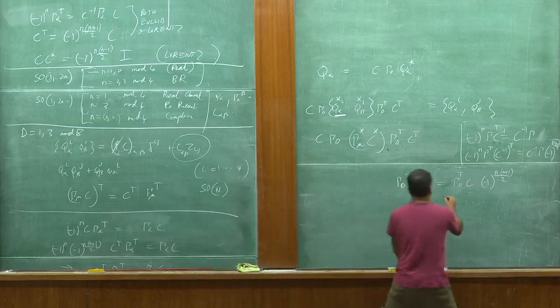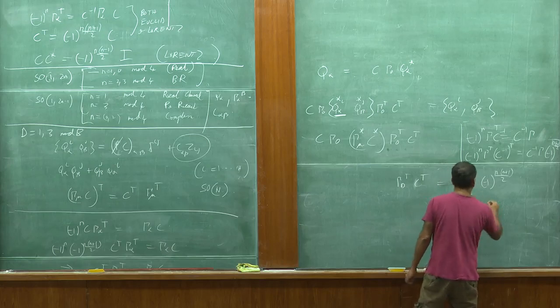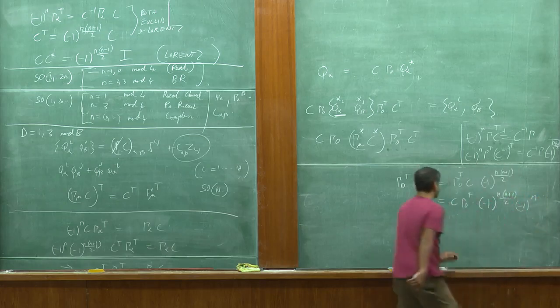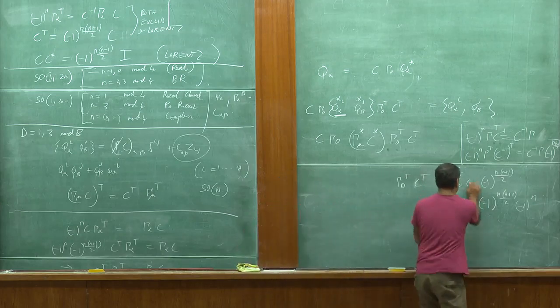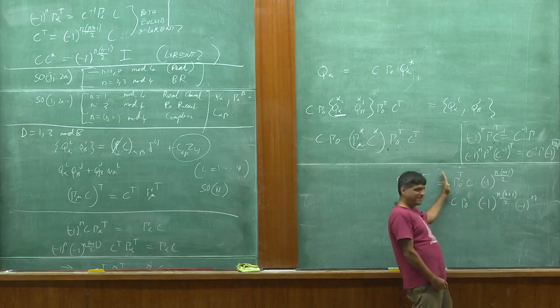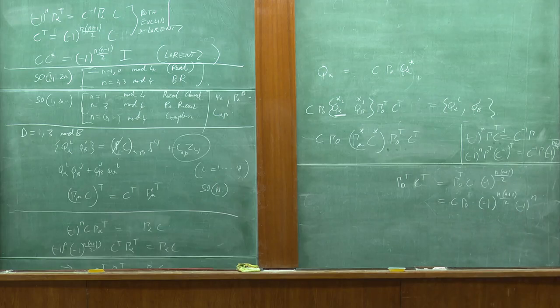minus 1 to the n, right? So this is the same as C times gamma 0 transpose times minus 1 to the power n into n plus 1 by 2 times minus 1 to the power n. The rule was that if you take a C inverse through, you reverse the transposition. But C and C inverse are off by a factor, so it didn't matter. You took C through, you also reverse the transposition. Okay, so far so good.